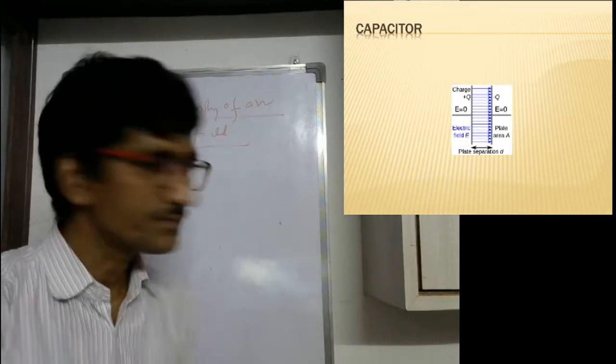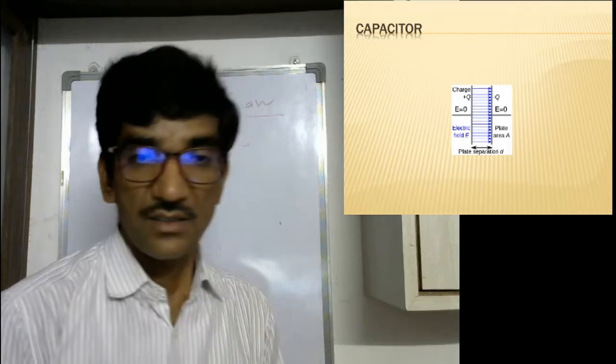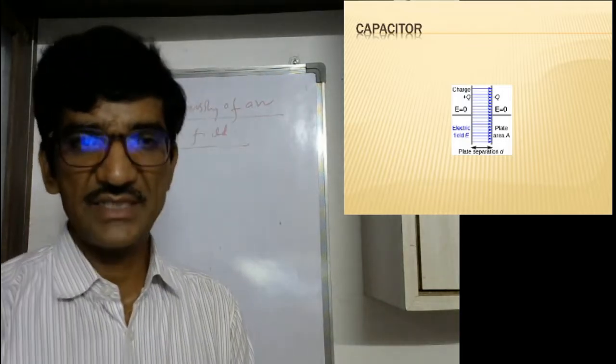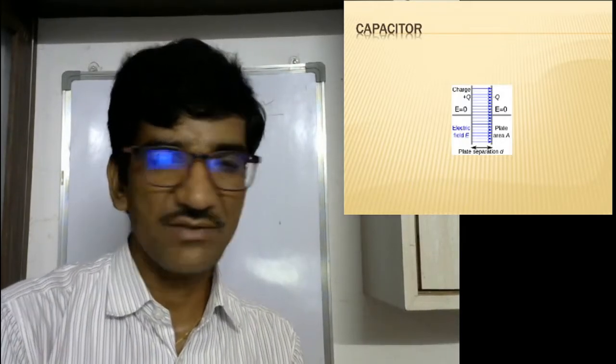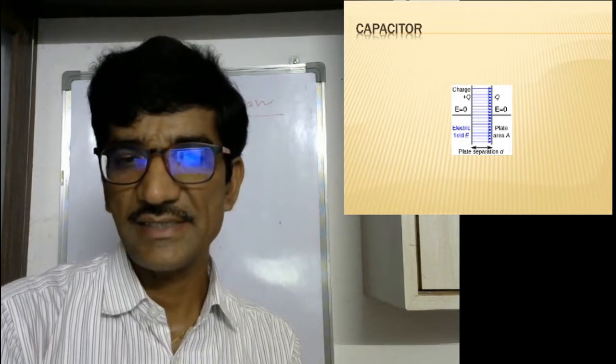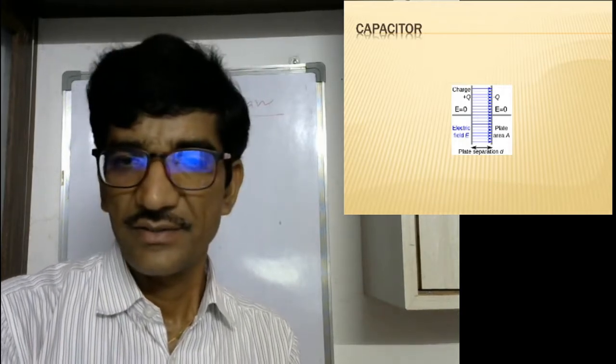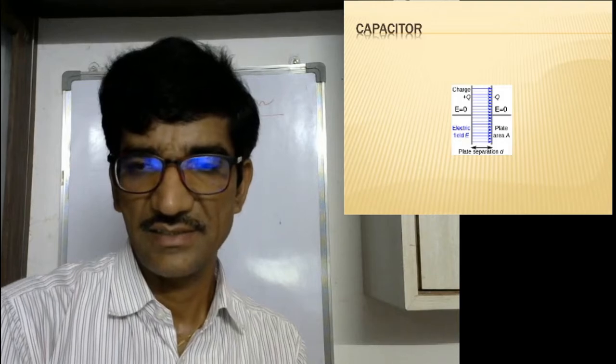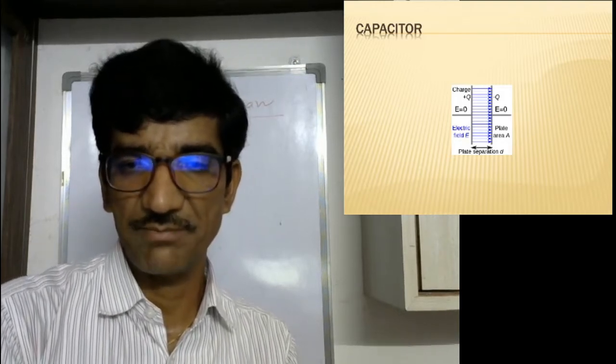What is the value of the field present in between those two plates? You have already calculated it. It is twice the field due to a single plate.